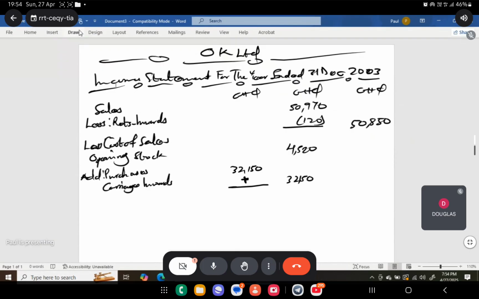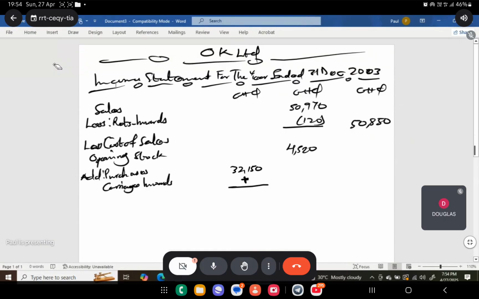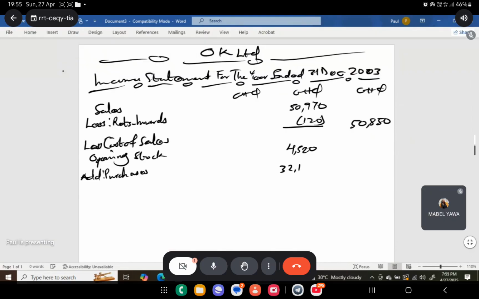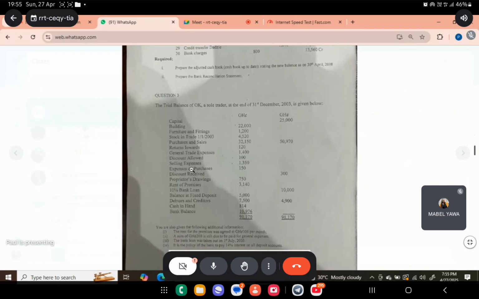Are you understanding? Okay, let me not bring the carriage inward. I'm sure a question that has carriage inward will pop up next time you do accounts. In this question, there is no carriage inward and there is no returns outward.